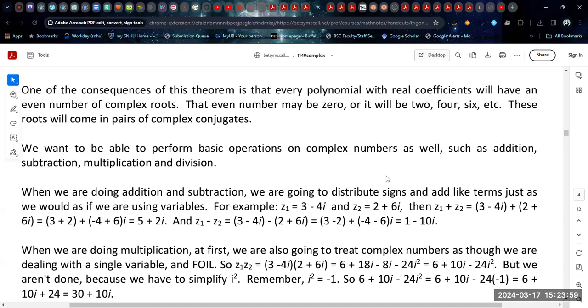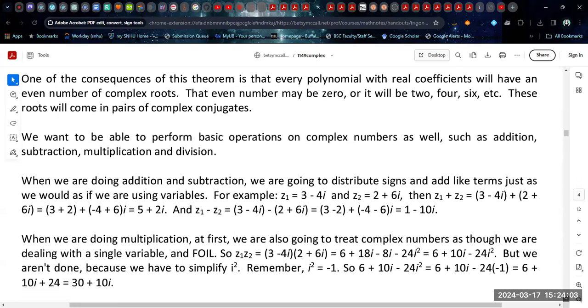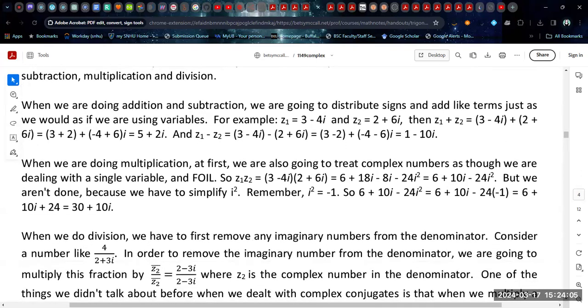Now, we want to perform basic operations on complex numbers as well as operations just on imaginary numbers that we did earlier. So when we perform operations on complex numbers, basically think of it like adding or even multiplying binomials with an x in them instead of an i. We're going to do everything with like terms.